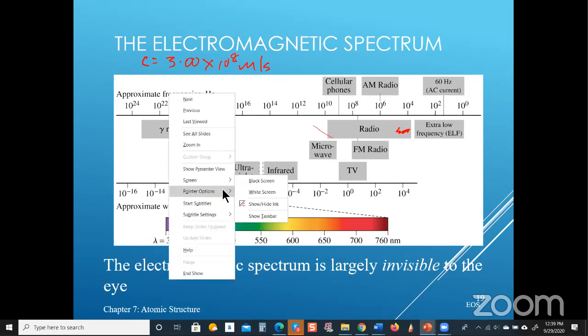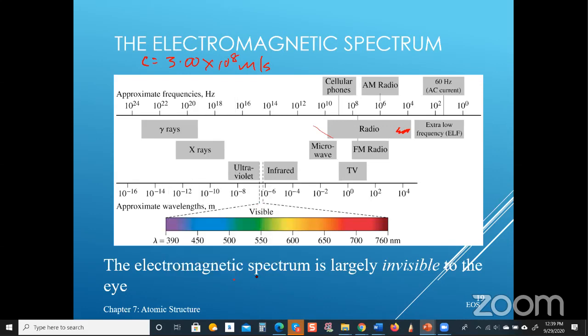Now, let's look at this spectrum here. This is the electromagnetic spectrum, which is basically the list of all forms of radiation, starting in this case from higher frequency to lower frequency left to right, which means that the wavelength would increase in the other direction.